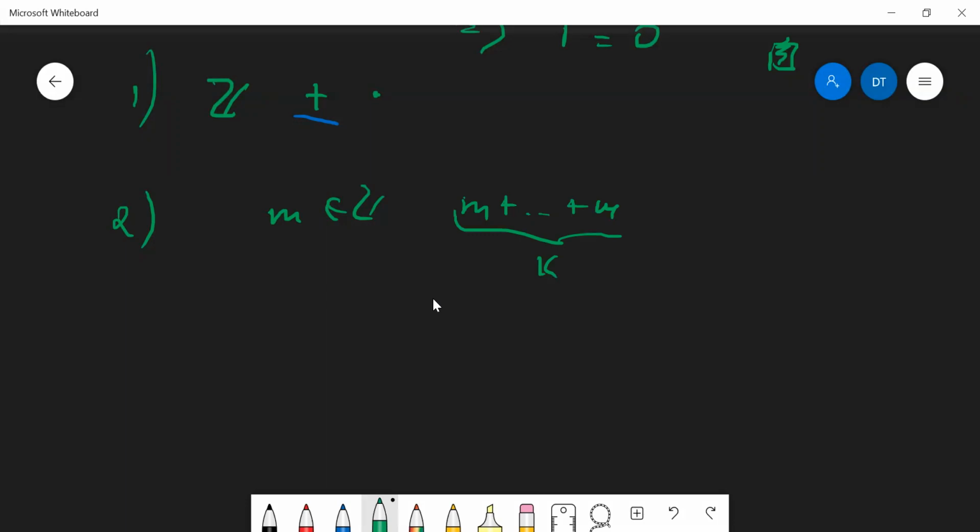Why power? Because in multiplicative notation, when you have an element G in some group and your operation is denoted by dot, and you consider the product of k copies of the same element G, you denote it like G to the k, like a power. But in the additive case, the same thing is denoted like k times M. So this is just a different notation for the power.